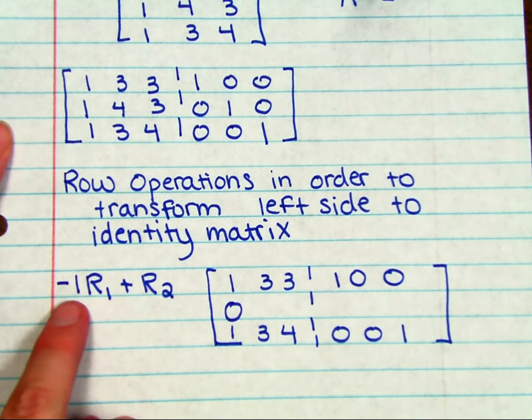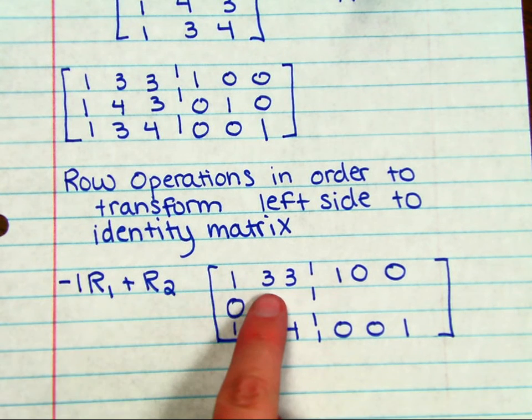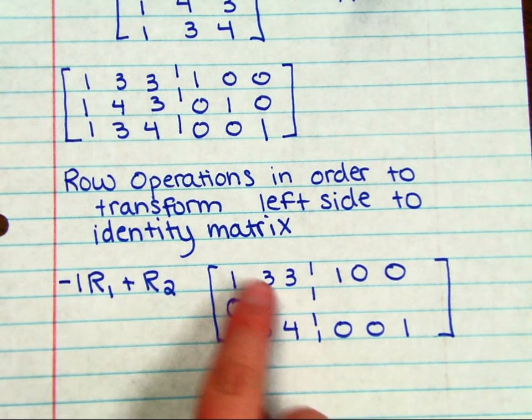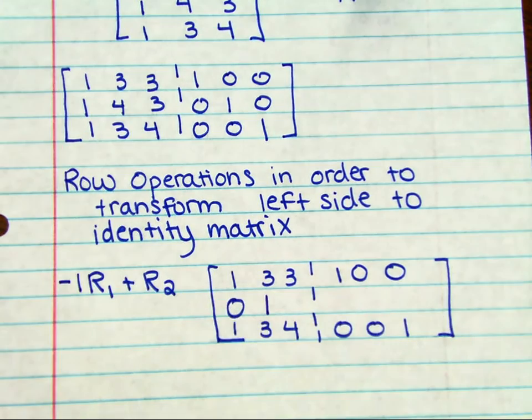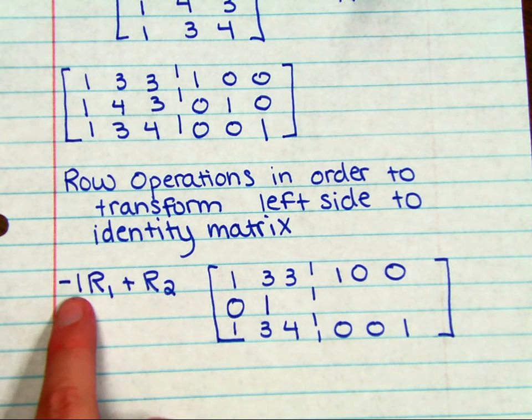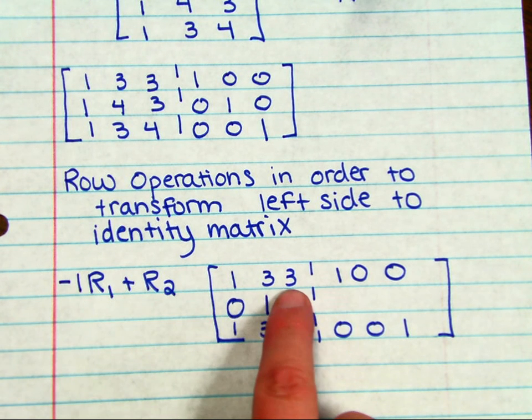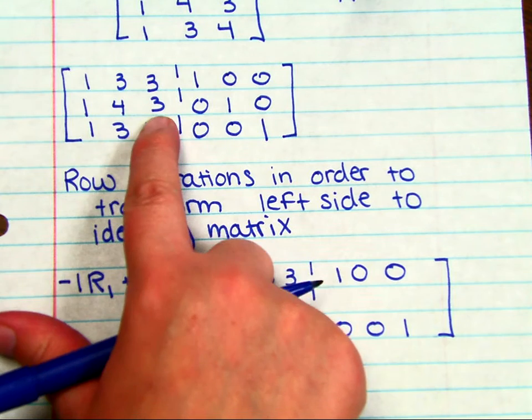Negative 1 times 3 plus 4 would be 1. Negative 1 times 3 plus 3 would give me 0 here.